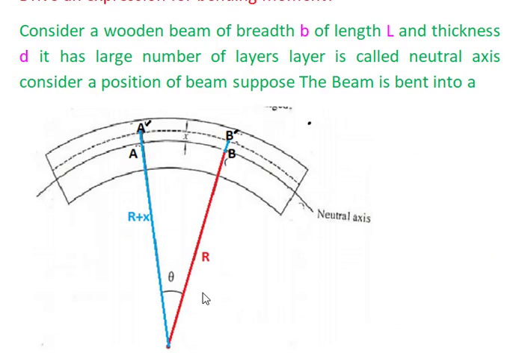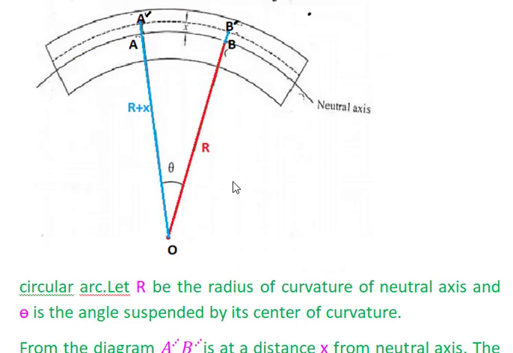The beam is made up of a large number of elements. The first layer may have some radius, the second layer may have another radius, the neutral axis may have some other value of the radius, and the last layer may have a different radius. Depending upon the number of layers, the distance of layers and the thickness of the beam, the radius of the layer varies from the inner part to the outer part.